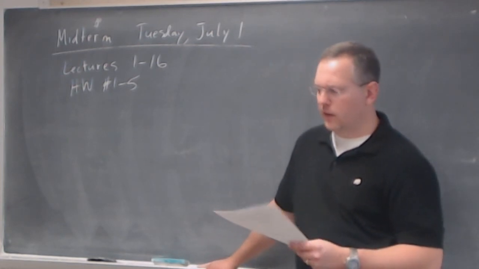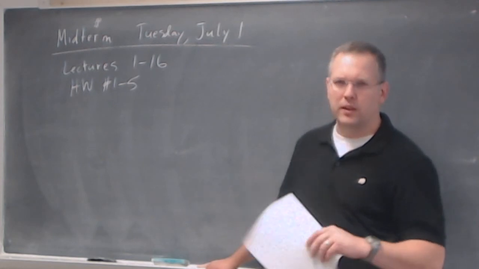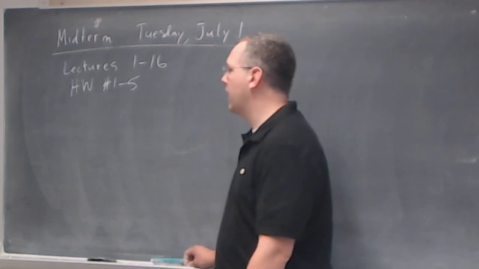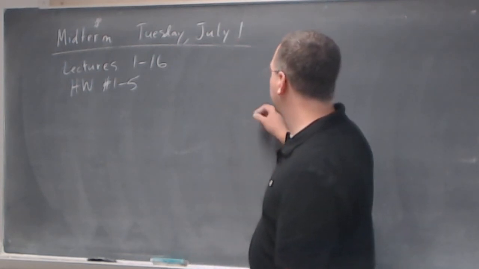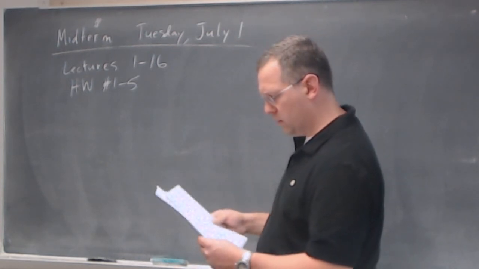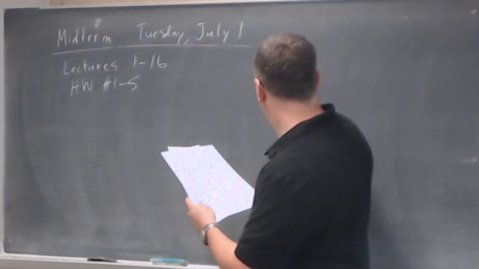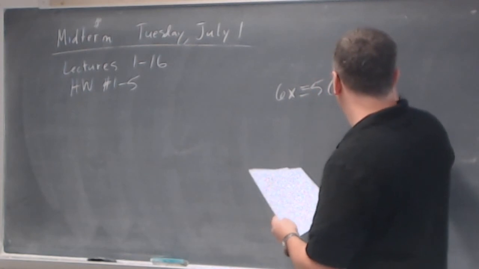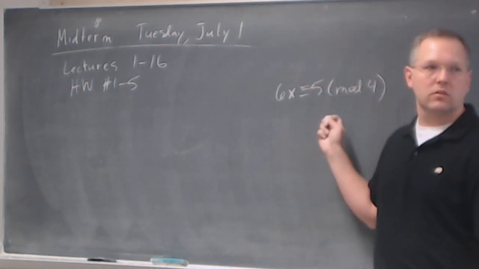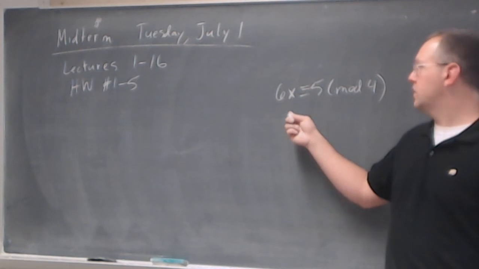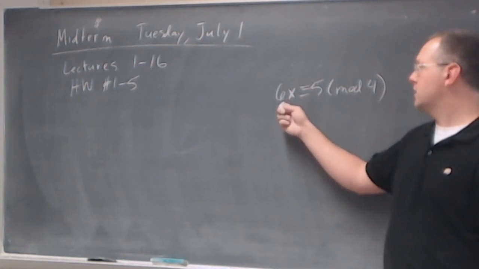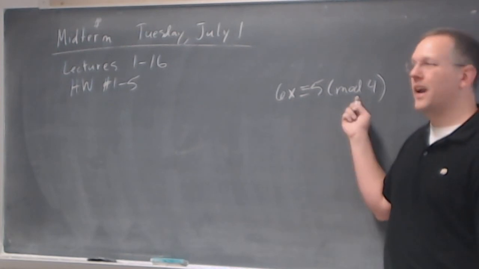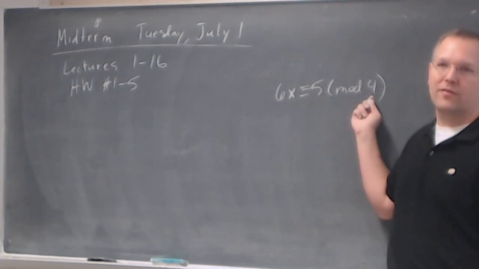One thing I didn't really emphasize is using a complete residue system to prove a statement. If you want to say that a certain congruence has no solutions, like 6x congruent to 5 mod 4, we know that has no solutions. You can say why: the greatest common divisor of 6 and 4 does not divide 5. But you could also check a complete set of residues mod 4.